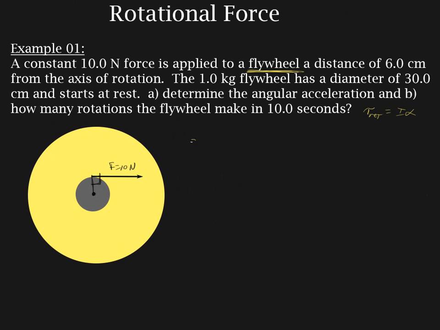All right, so let's go ahead and get started now that we have the basics of what's going on in the problem. In part A, we have tau net is equal to I alpha, and we only have one force, so we only have one torque, and so we're going to say that the torque is going to be r times F is equal to I, for a solid disk, is going to be 1/2 m R squared times alpha. Now notice that this r and this R are two different r's.